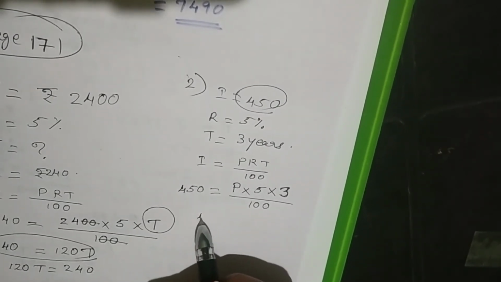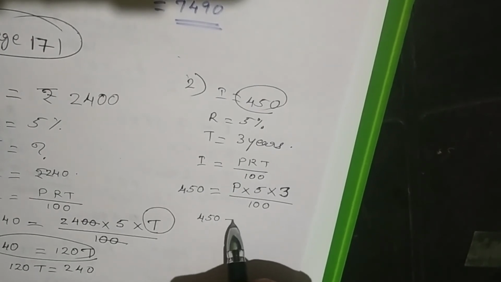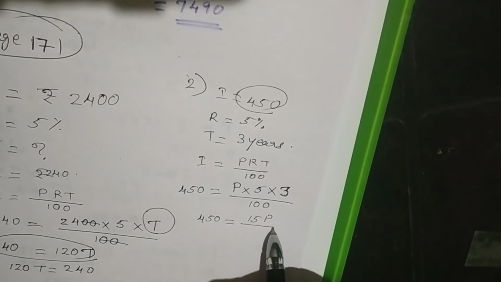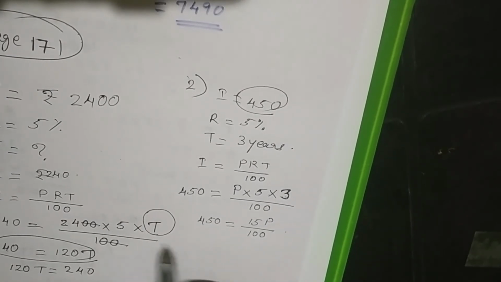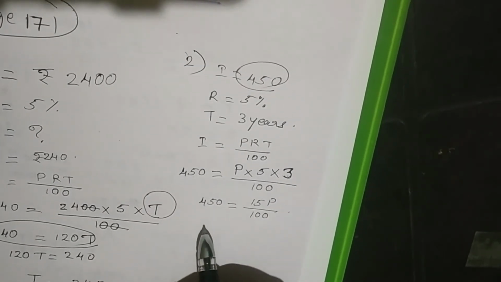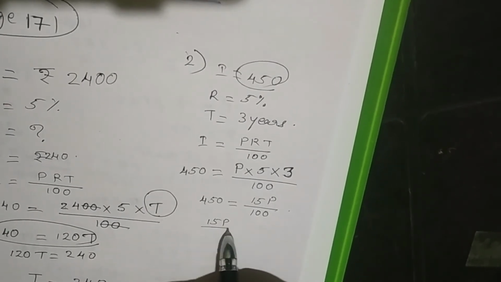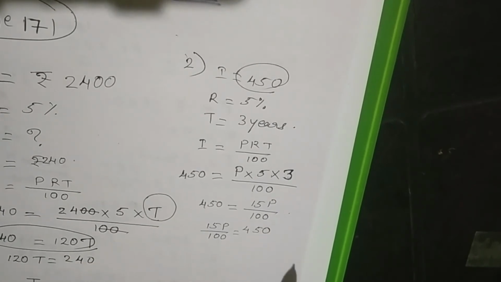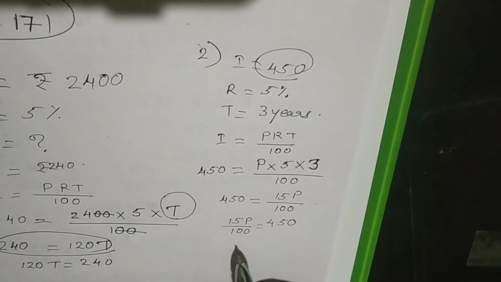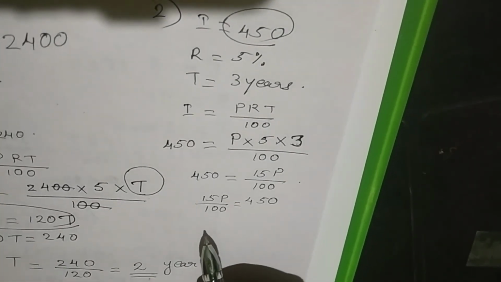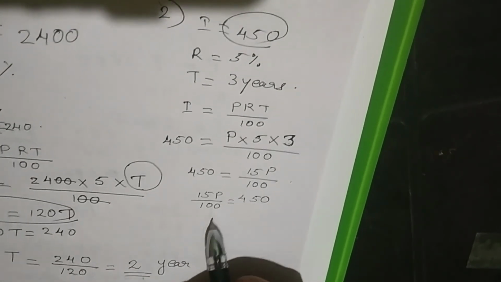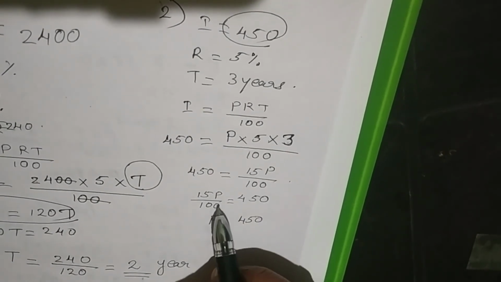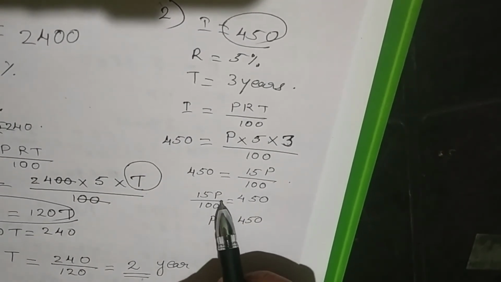That is 450 is equal to 5 times 3, 15, 15P on 100. Clear? That is 15P on 100 is equal to 450. Then 15P, P we can keep here, and 450 is in the place of denominator.